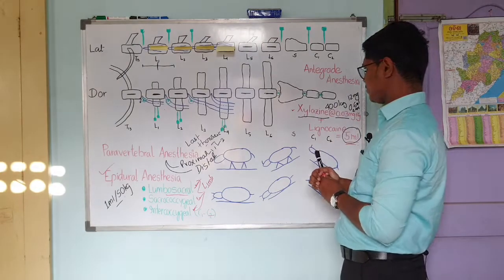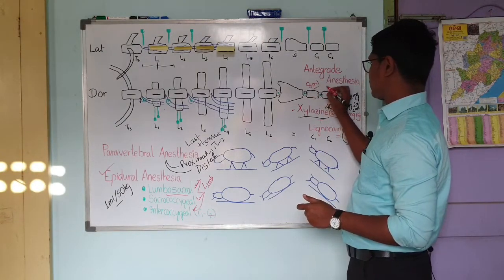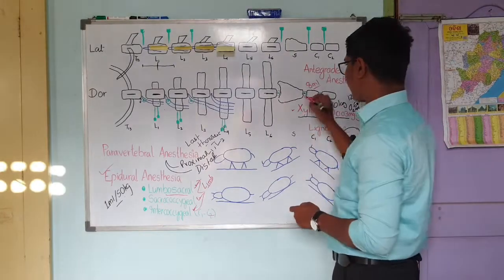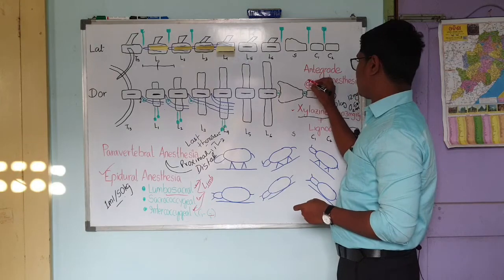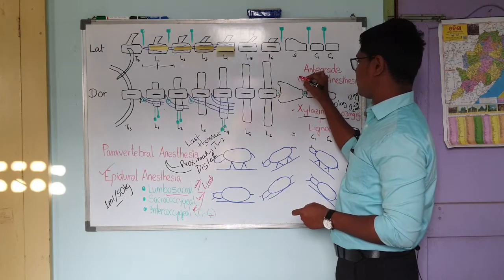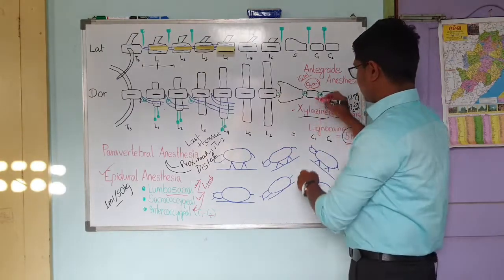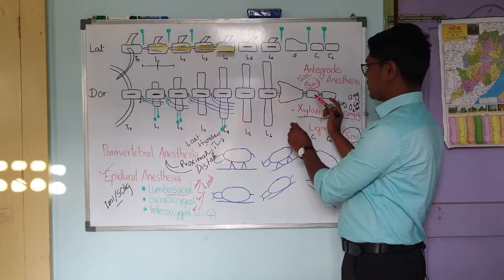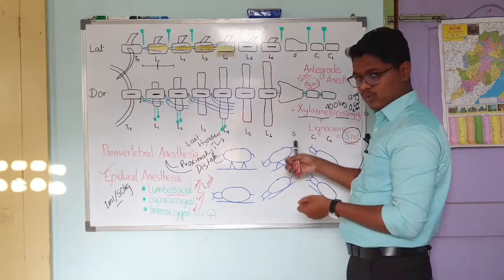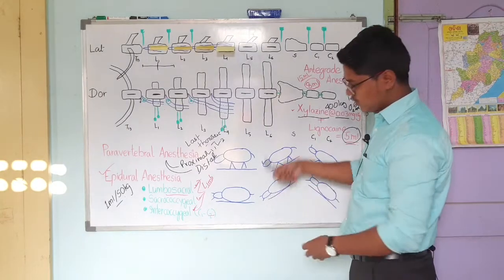I told you 8 ml is needed for epidural anesthesia, that is sacrococcygeal mostly. Here you make it 15 ml. Between the sacrum and coccygeal, how do you find this spot? You hold the tail and move it like a tube well pump handle.